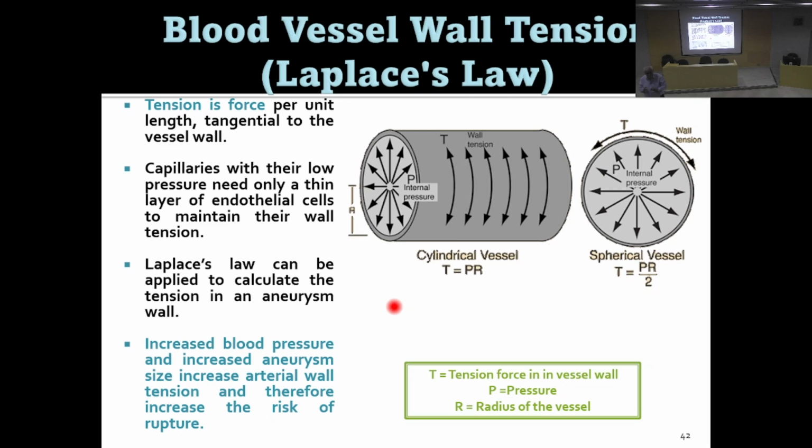So according to the continuity principle, cross-sectional area getting bigger, velocity goes down. According to Bernoulli principle, velocity goes down, pressure increases. According to Laplace's law, when the pressure increases, tension increases. When tension increases, it means you already have a weakness, isn't it? So the possibility could be rupture.